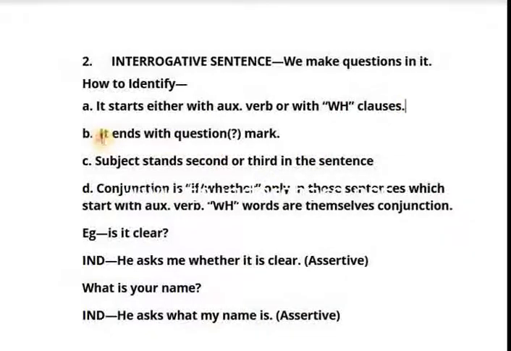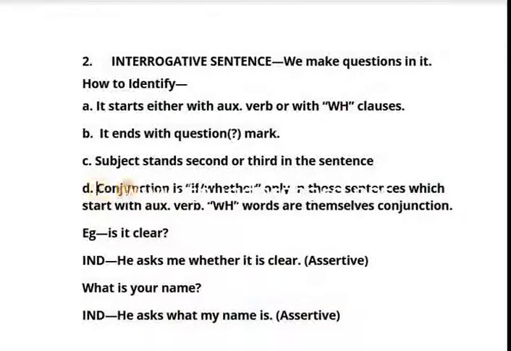And there is another identifier: an interrogative sentence will always end with a question mark. The third thing is that the subject of the sentence in an interrogative sentence will always stand second or third in the sentence.